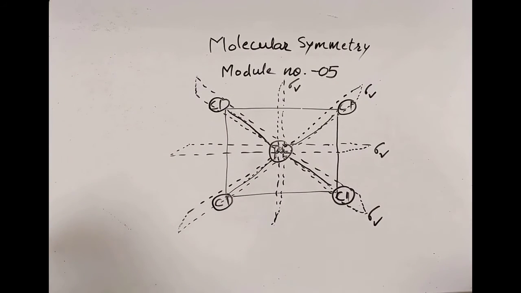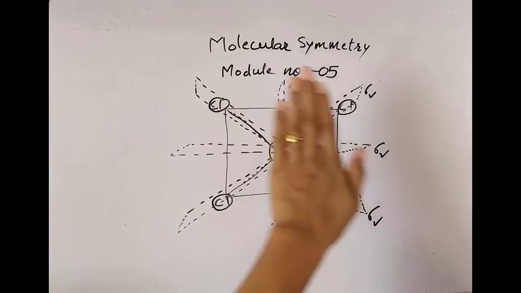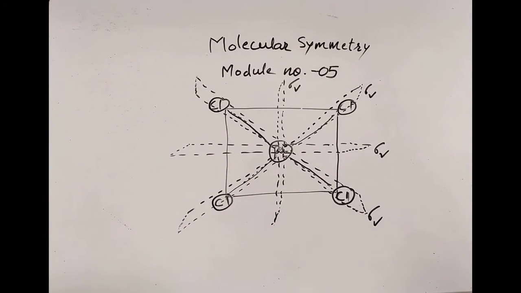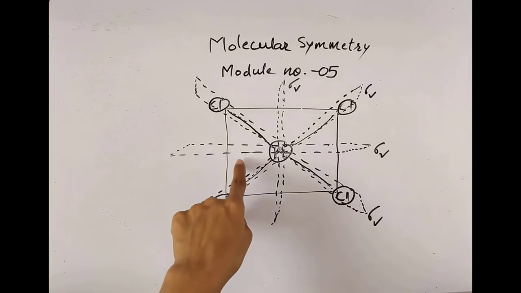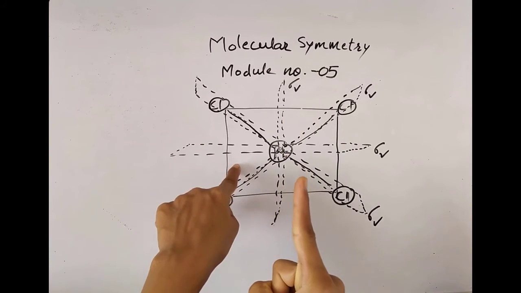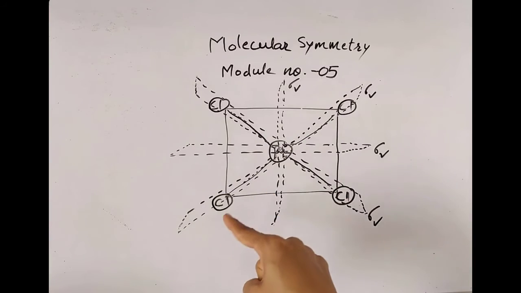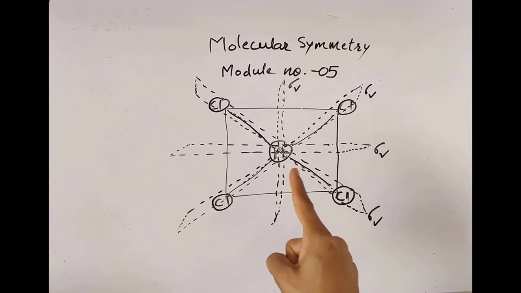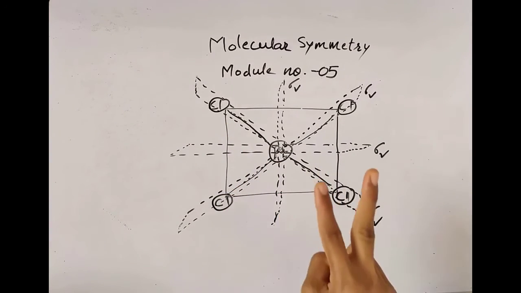Now, whenever we have a planar molecule, definitely we get one such plane which cuts all the atoms into 2 equal halves, as we cut all the 4 atoms in BF3, as we cut all the 3 atoms equally in the water molecule. Similarly, PtCl4 is also a planar molecule, so we can pass one such plane in this, which will divide all the atoms simultaneously, at a time, into 2 equal halves.